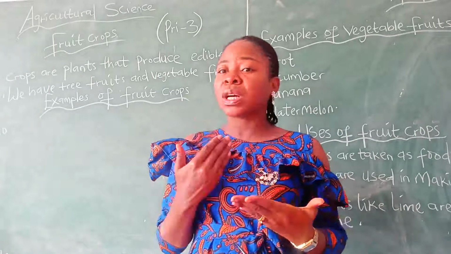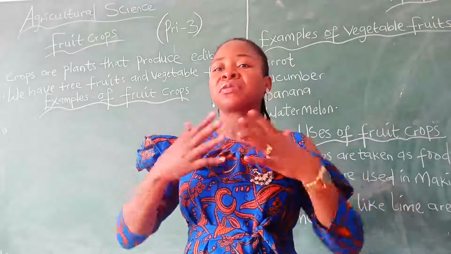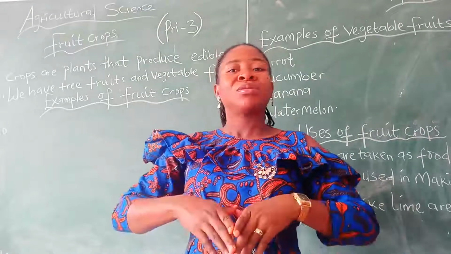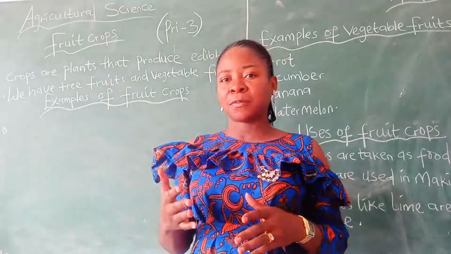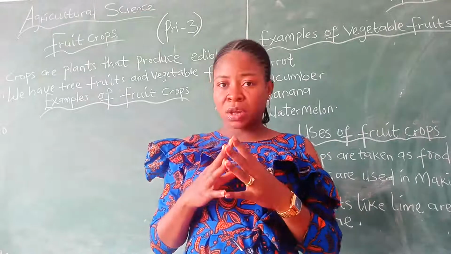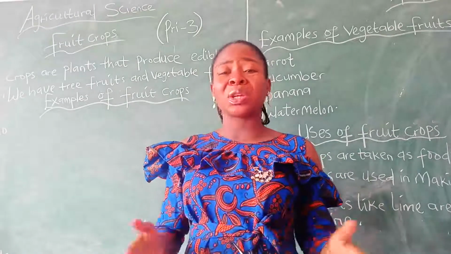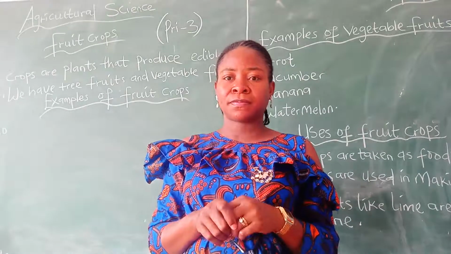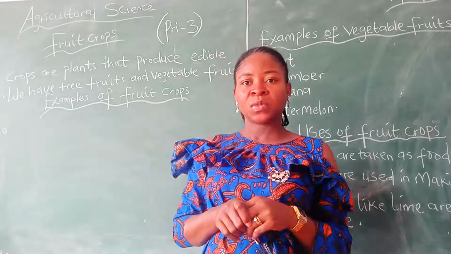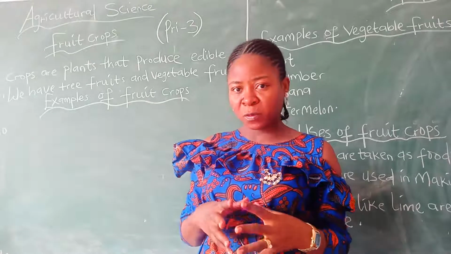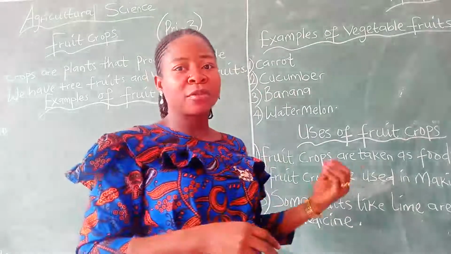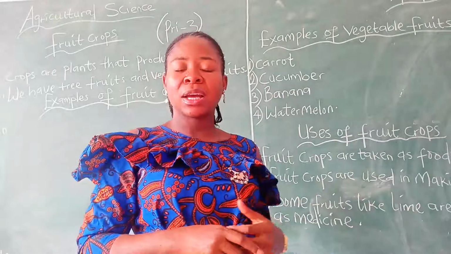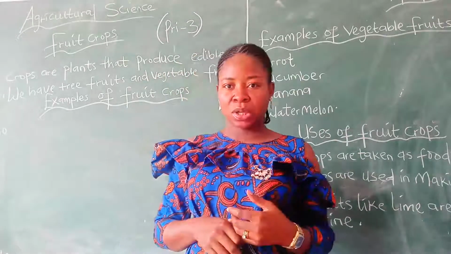But tree fruits are very much different. They grow within 10 years, 15 years, 20 years, while vegetable fruits grow within months. Alright, we said that examples of vegetable fruits are carrot, cucumber, banana, and watermelon.